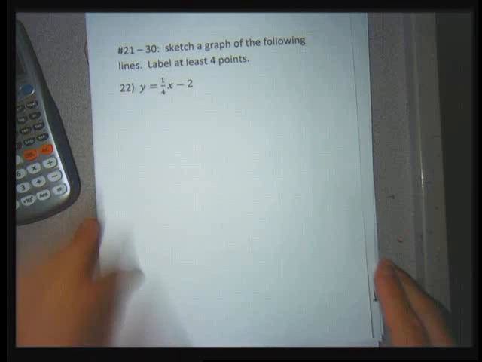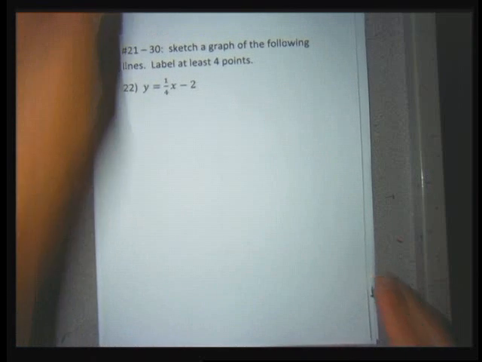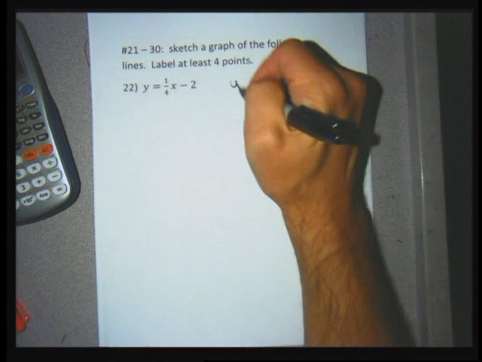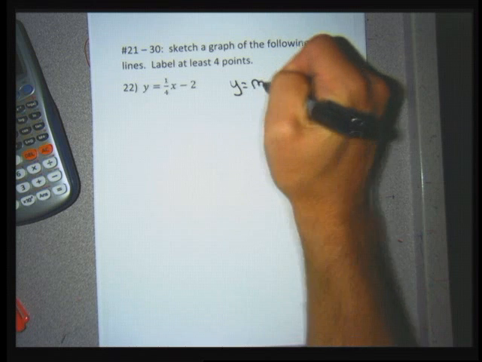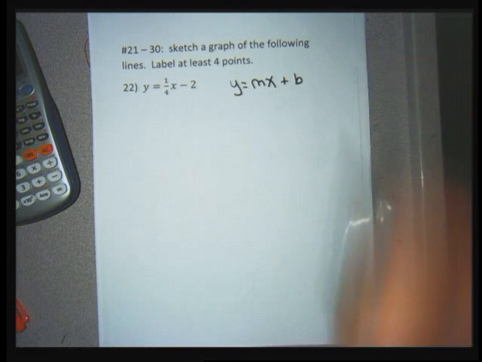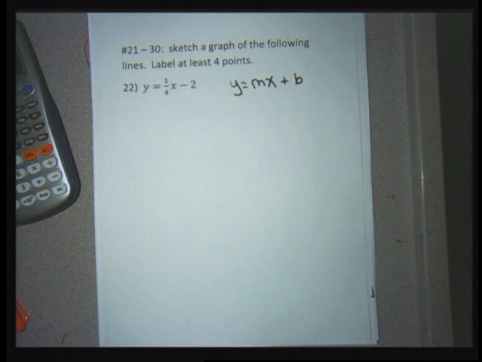All right. Sketch a graph, label at least 4 points. So each of the problems between 21 and 30, it's written in slope-intercept form. When I look at problem 22, the equation is solved for y, and to the right of the equal sign, I see a number times x plus or minus a number.